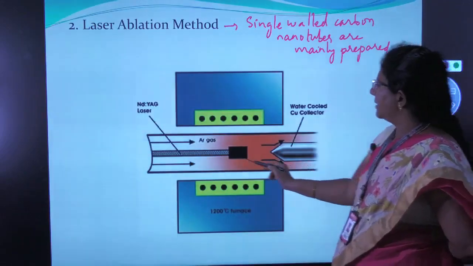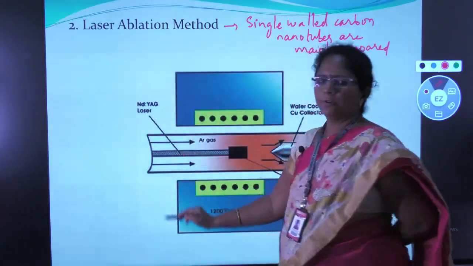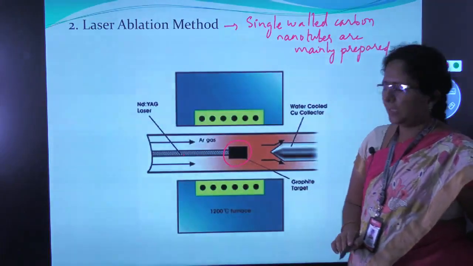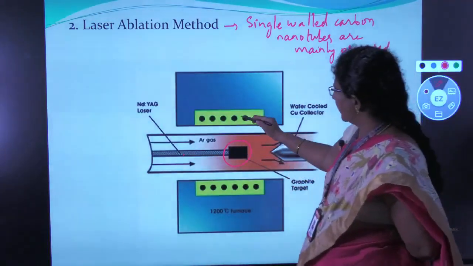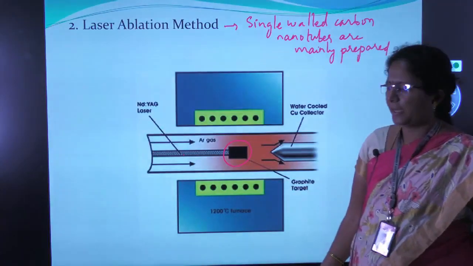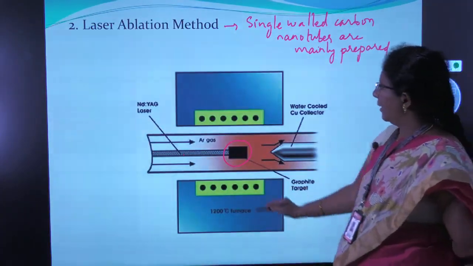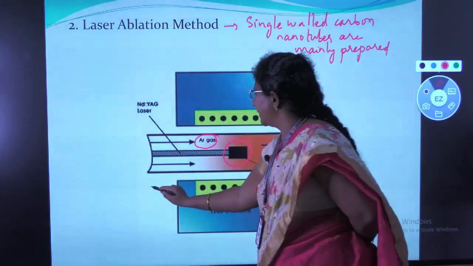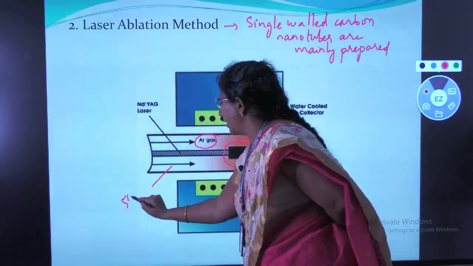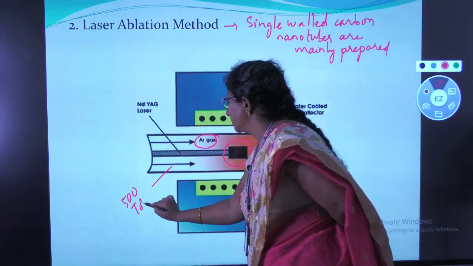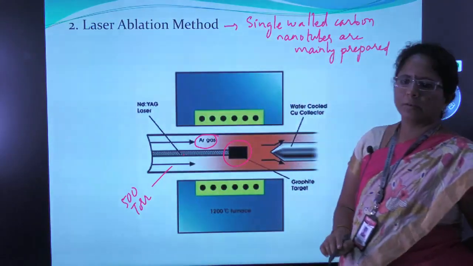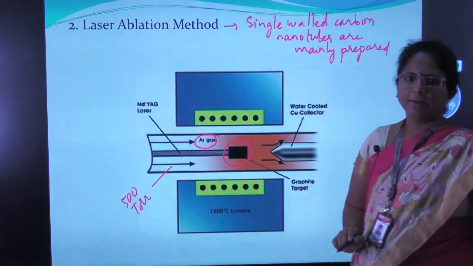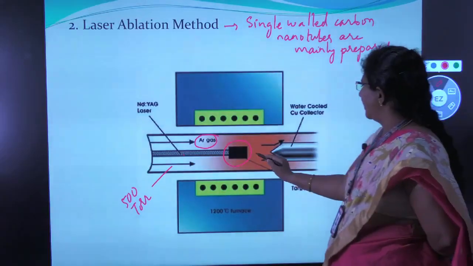Here a pulsed laser will be used to vaporize the graphite target. Here this is usually placed in an oven which is maintained at 1200 degrees centigrade, and it is filled with inert gas argon, maintained at a pressure of 500 torr. As a result, this graphite target will start vaporizing.